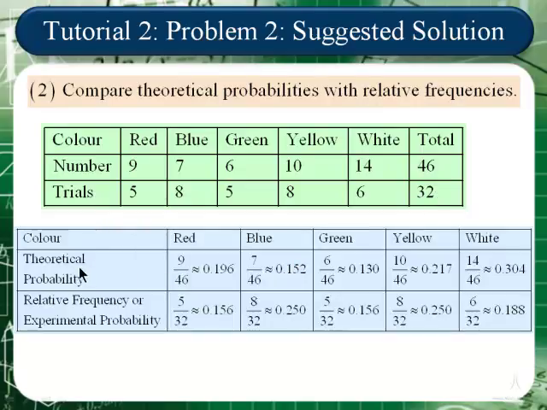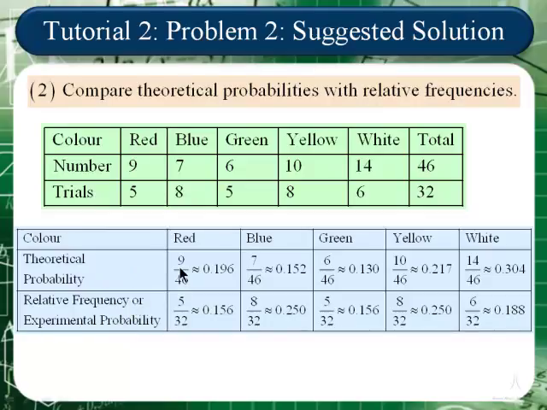Now, we can calculate two things. We can calculate the theoretical probability as well as the relative frequency, sometimes known as the experimental probability.